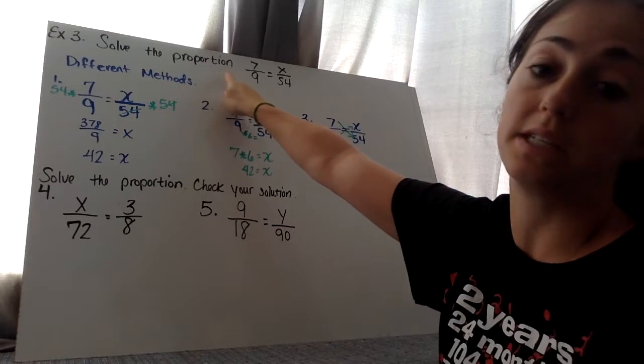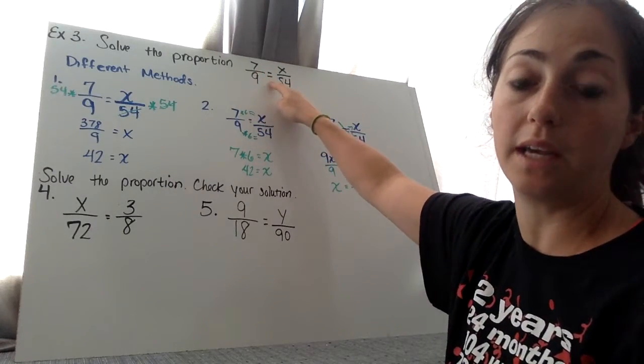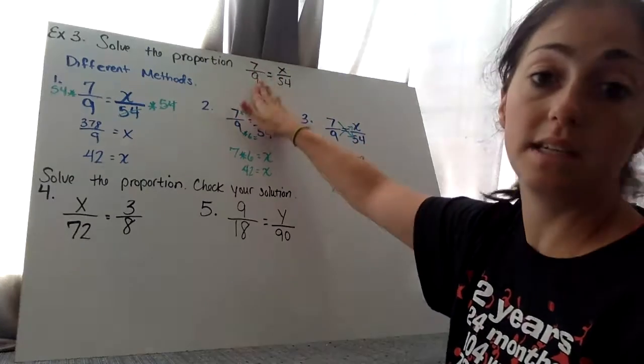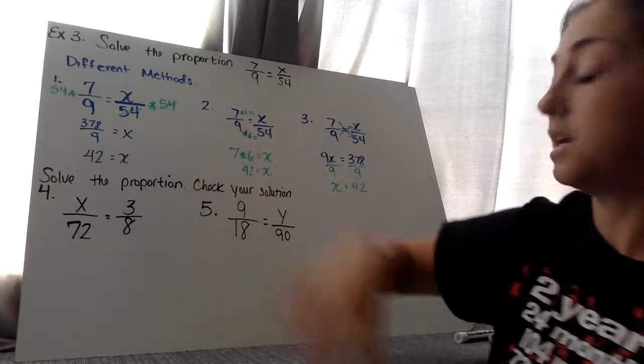Now, sometimes we're going to need to solve a proportion. So the proportion we're solving is 7 over 9 equals x over 54. So that means that 7 to 9 of something equals x to 54 of something. Now we could draw a picture.